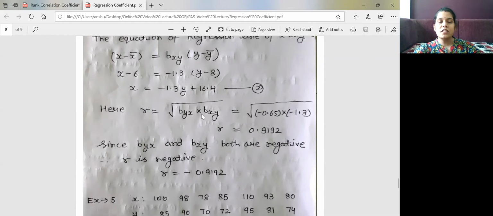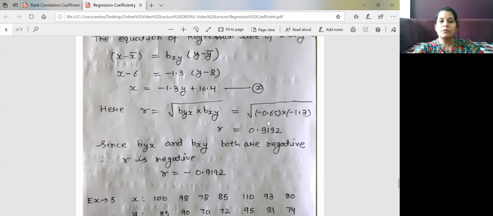So next we find the correlation coefficient. The property of the correlation coefficient is r is equal to under root byx into bxy. That means we multiply both the regression coefficients and we get the value of the correlation coefficient.